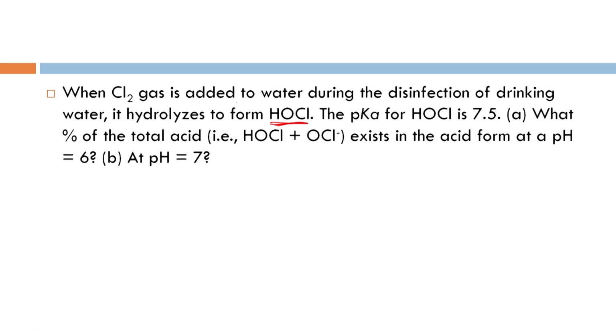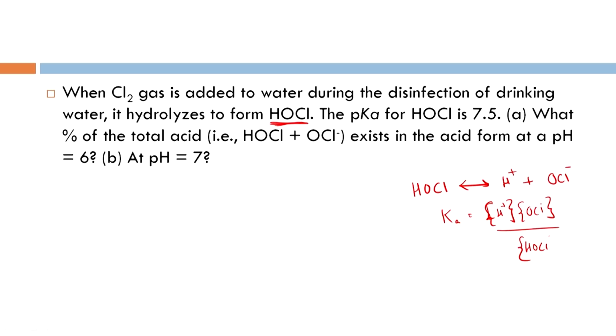Anyway, when chlorine gas is added to water during disinfection of drinking water, it hydrolyzes to form HOCl, right. The pKa of HOCl, the acid dissociation constant for HOCl: Ka will be equal to the activity of the products raised to their stoichiometric coefficients divided by the activity of the reactants, and pKa is equal to minus log Ka.